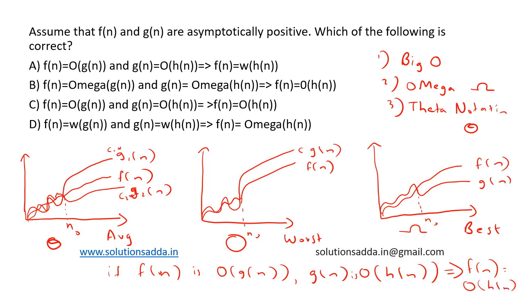The same holds for big O. So if f of n is big O of g of n and g of n is big O of h of n, then we can say that f of n is big O of h of n. So based on this property, we can say that option C is the correct answer here.